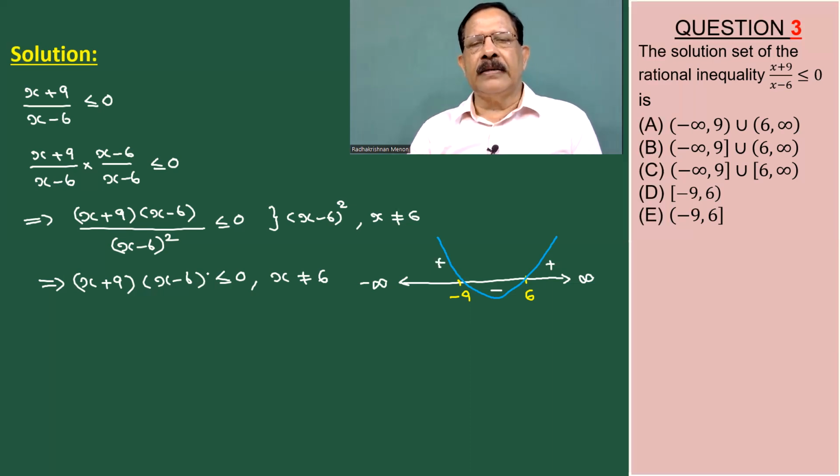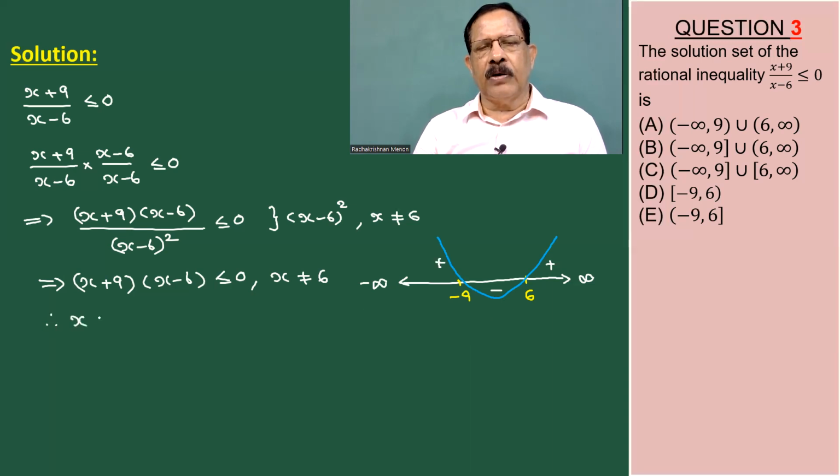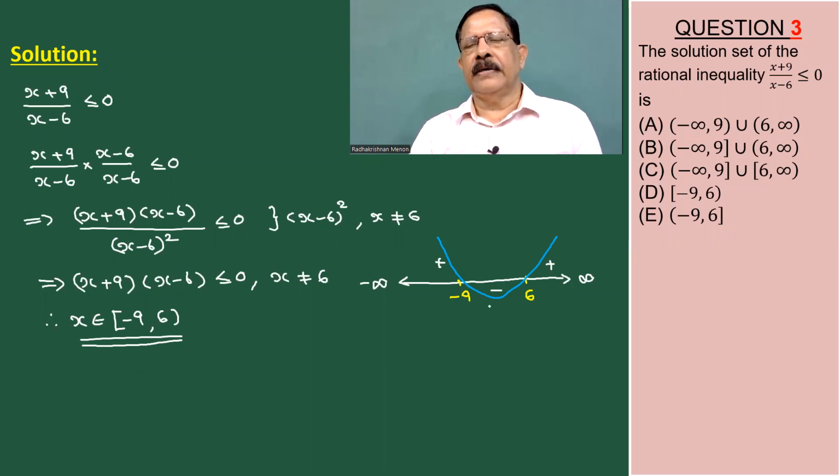So it is negative in between minus 9 and 6. Directly we can write x belongs to minus 9 closed, but 6 open because x is not equal to 6. This is the interval in which x lies. That is the solution of the given inequality.